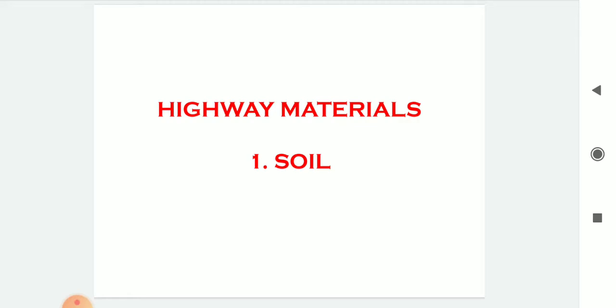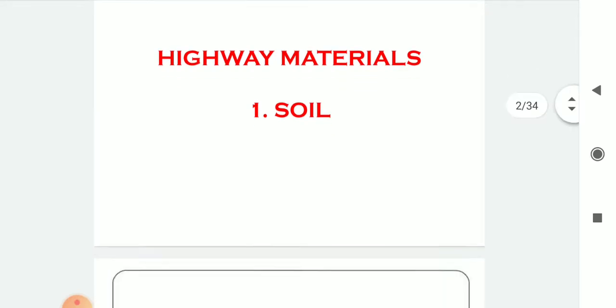Tar, asphalt, and bitumen are binder materials, and the third is aggregates. Okay, so let's start with the first, soil.